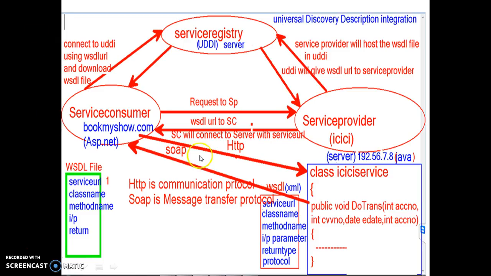Now let us see one example, you will understand. As I already told you, the main advantage of these service-oriented applications is creating the communication between different applications that were developed in different languages or different technologies. Here, let us assume that we are developing bookmyshow.com. Bookmyshow.com is developed by using ASP.NET. Let us assume that.